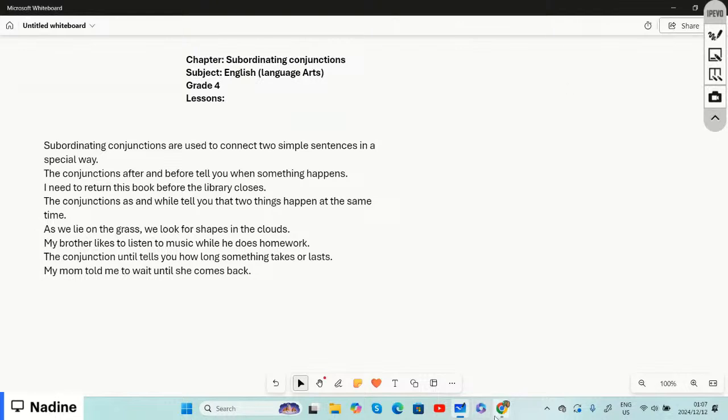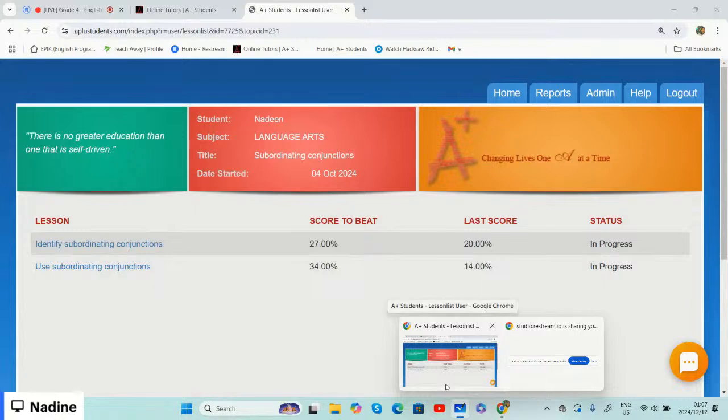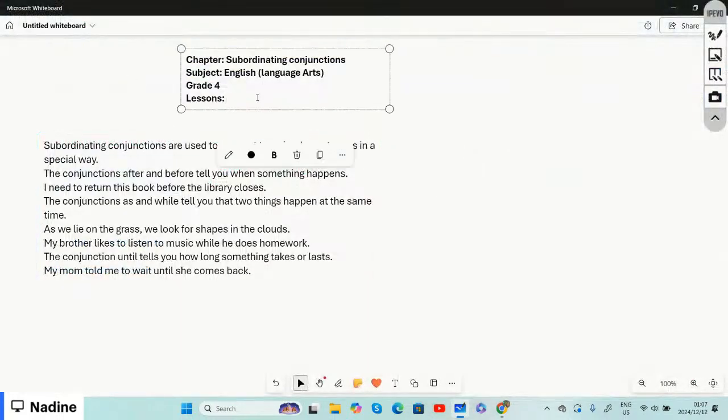And the lessons that we are going to be focusing on under the chapter of subordinating conjunctions are to identify subordinating conjunctions, and to use subordinating conjunctions.